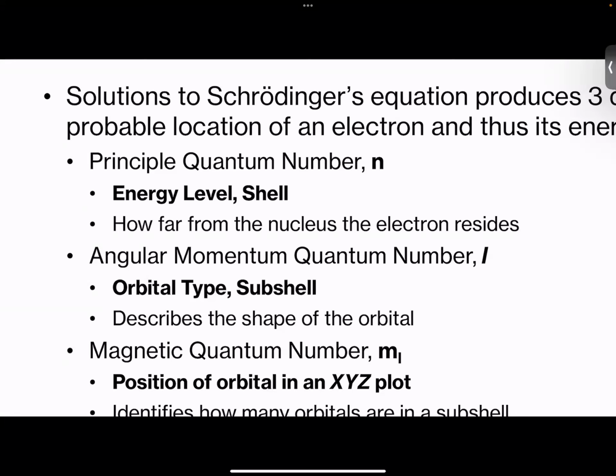Then we have layers surrounding that center, and those layers steadily become larger and larger. Those are our shells. The shell closest to the nucleus, the shell closest to the center, will have the value of n is equal to 1. The first shell.